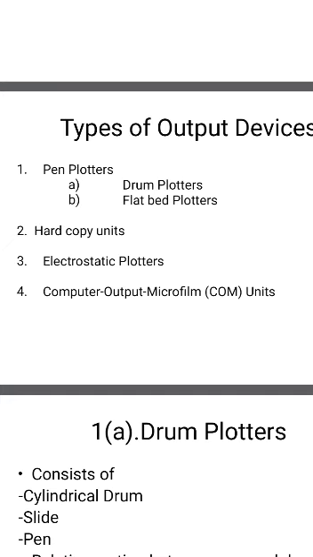So automated pens are there, and that is called a plotter. It draws from one point to another point directly or indirectly from vector graphics. This is called a plotter.